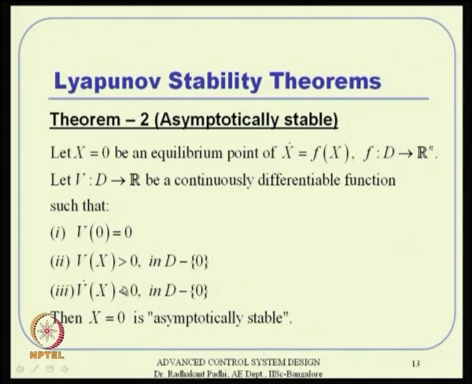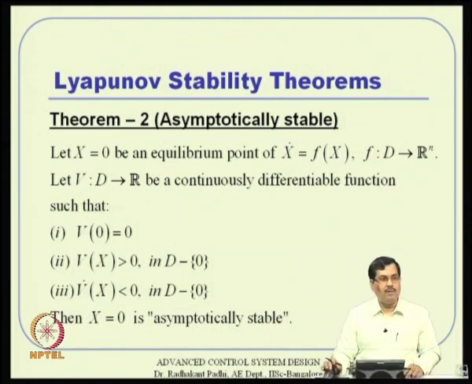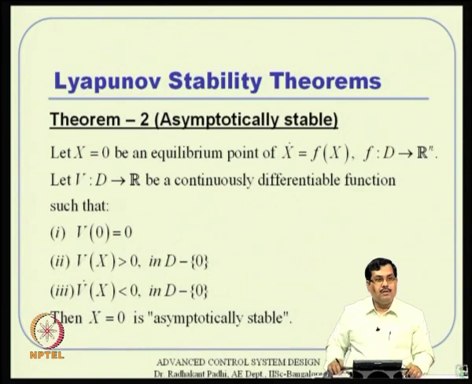Okay. That means V dot has to be negative definite this time. Intuitively it feels okay, what is the big deal, if it is negative semi definite I can show that, but it turns out it is an order of magnitude more difficult to show that V dot is strictly negative definite.